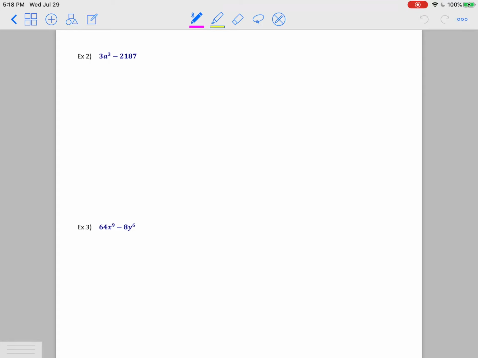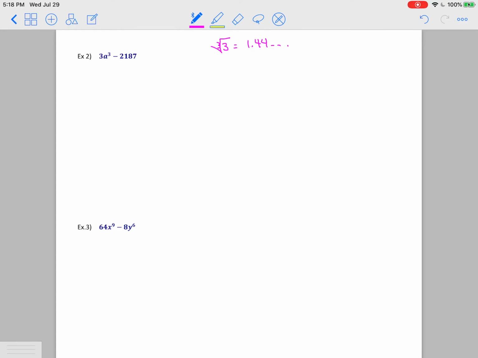Okay, well, I don't know about 2,187 yet. That's a pretty big number. But if we try to take the cube root of 3, we're going to get basically 1.44 or something. Okay, that is not an integer, therefore we know 3 is not a perfect cube.